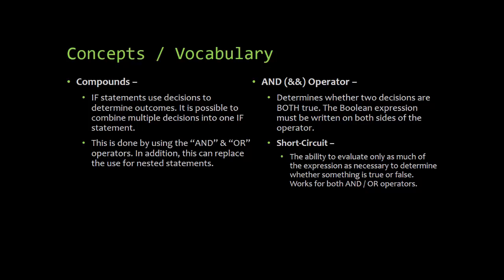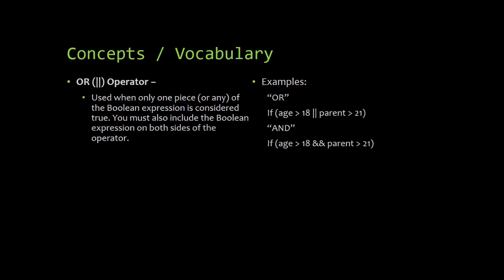Short circuiting uses the ability to evaluate only as much of the expression as necessary to determine whether something is true or false. With the OR operator, at least one piece of the Boolean expression being true makes it true. You must also include the Boolean expression on both sides of the operator as well.